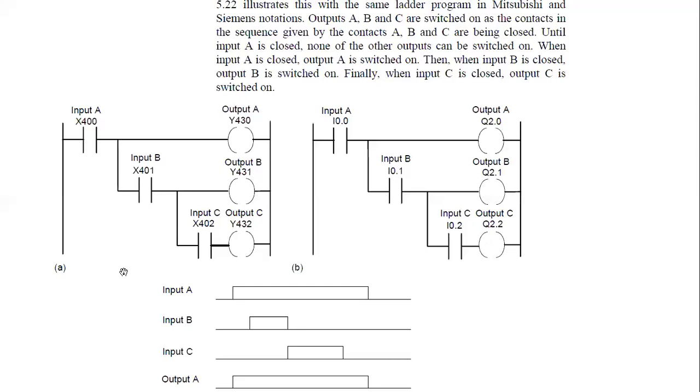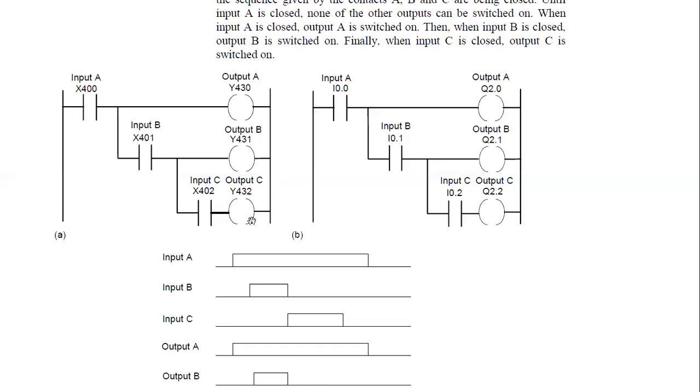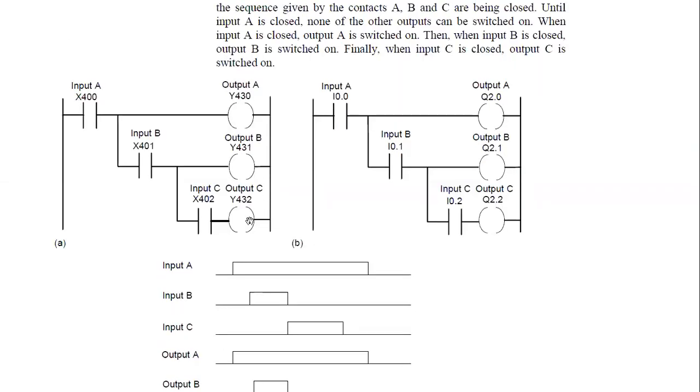And also when switch C, that is X402, is closed, there will be an output at Y432, that is at output C. So these are logic diagrams that represent multiple outputs controlled by various inputs.